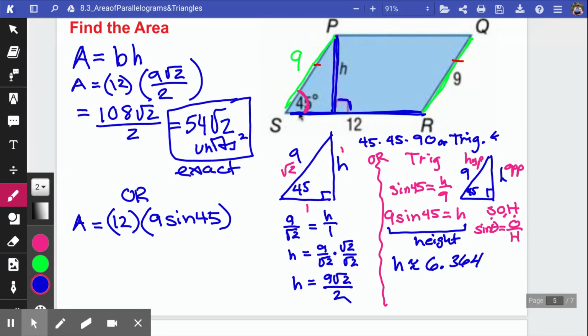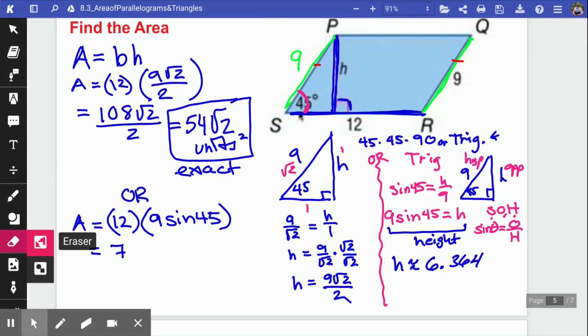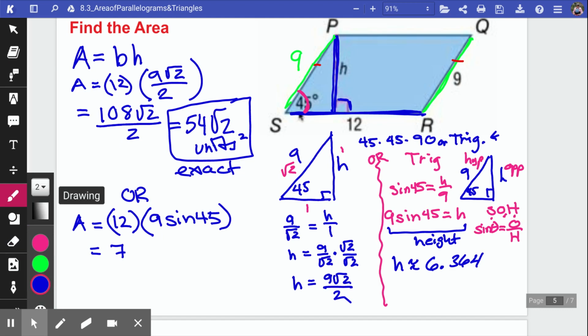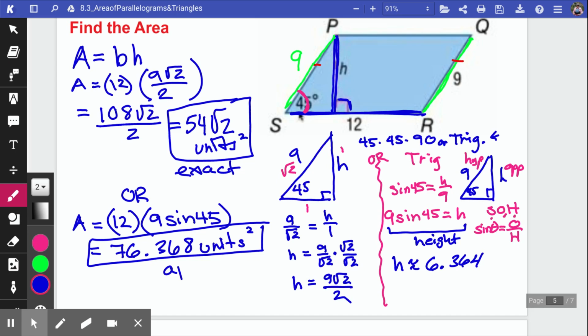I hit enter, and then I do times 12, and I get 76.3675. So the 7 would round up to an 8 units squared, and this would be the approximate answer, because I have a decimal approximation that I've rounded.